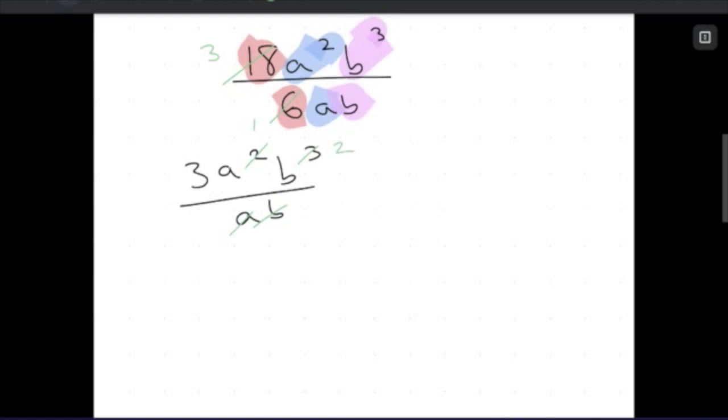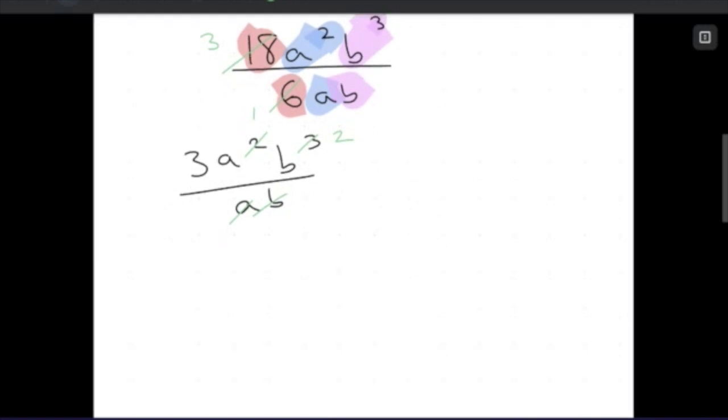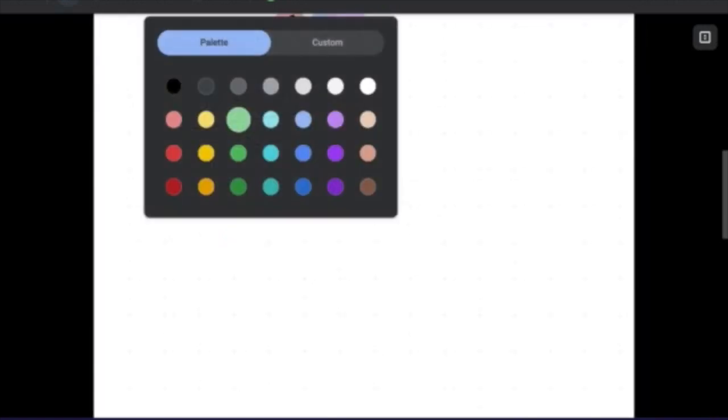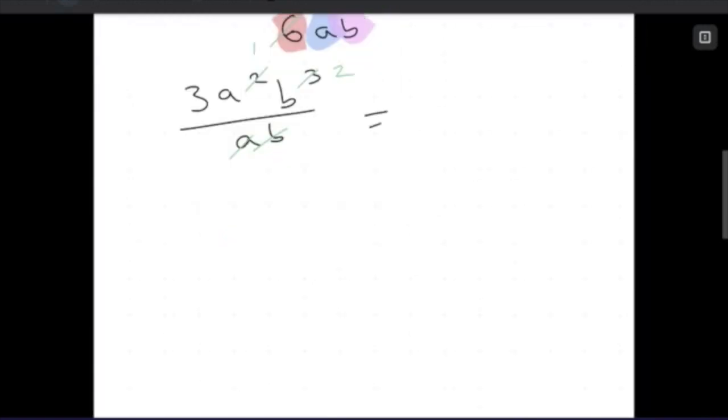So we have 3 times a times b squared, and that is our final answer. I get 3a, because the second a from the a squared got crossed out with our a on the denominator. And our b cubed, so our b times b times b, divided by 1b, cancelled out. So I'm left with b times b on the numerator, or b squared.